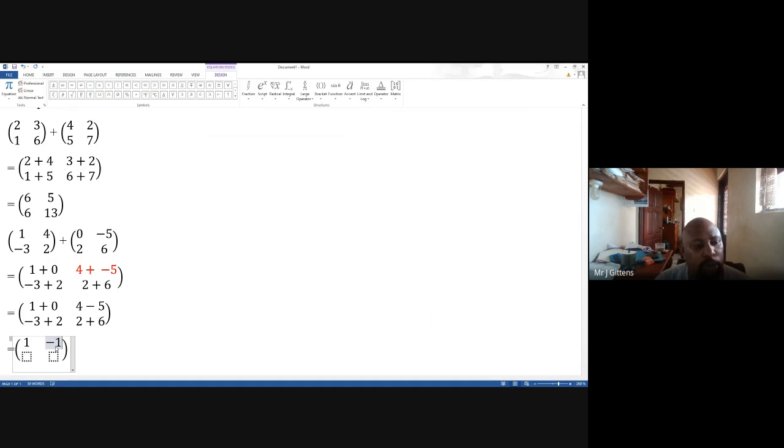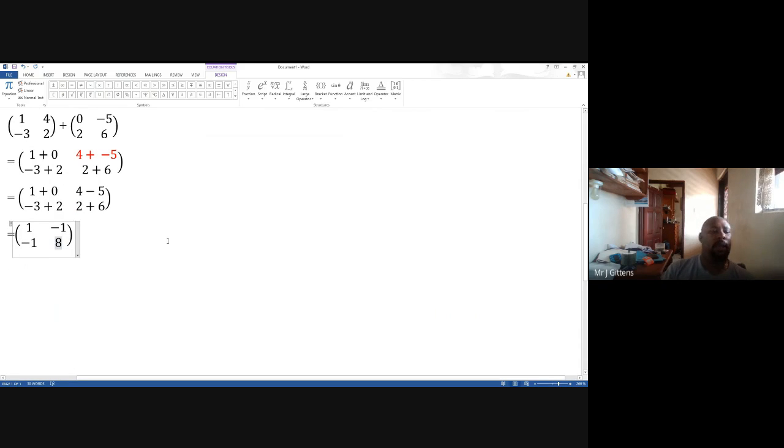So it becomes -1. -3 plus 2: again, students will write -5, and they'll tell me, sir, a positive and negative gives you a negative. No. If you have -3 and you add 2 to it, it will go towards the right of the number line. You go 2 places up, which becomes -1 as well. 2 plus 6 gives me 8. And that's how you add matrices.